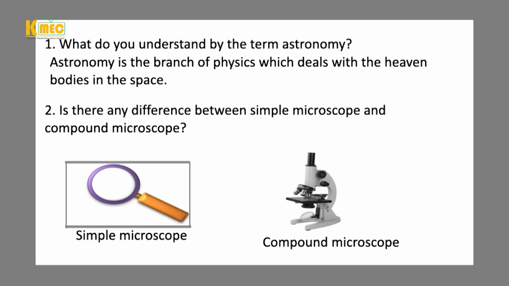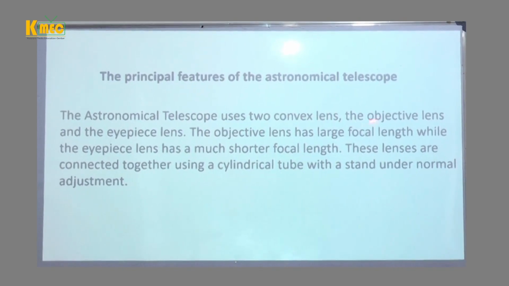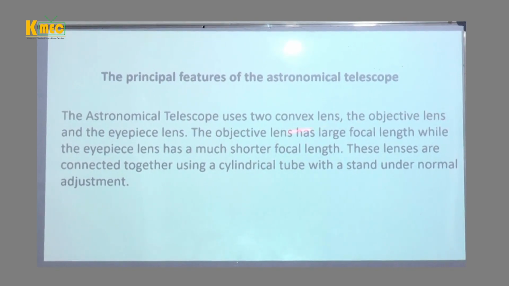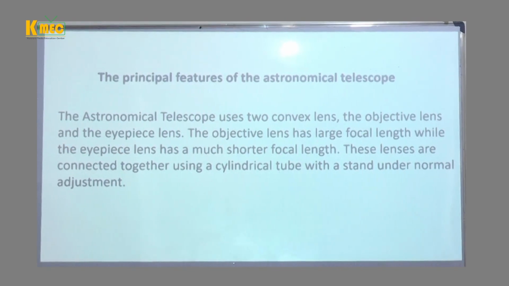The first is called the objective lens, and the second is the eyepiece lens.